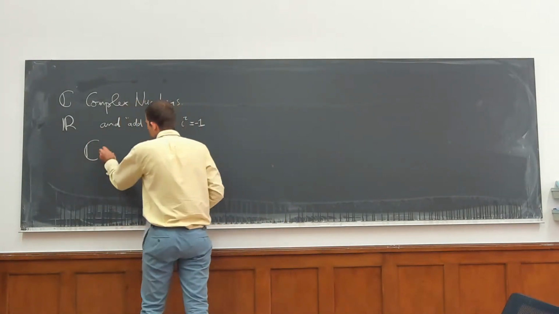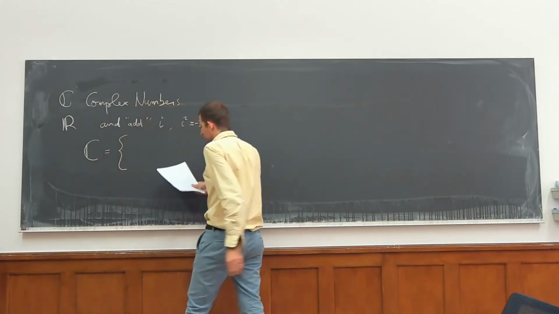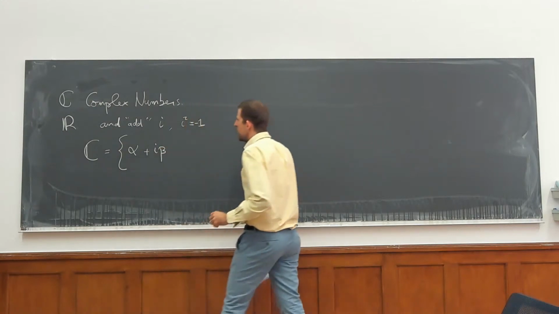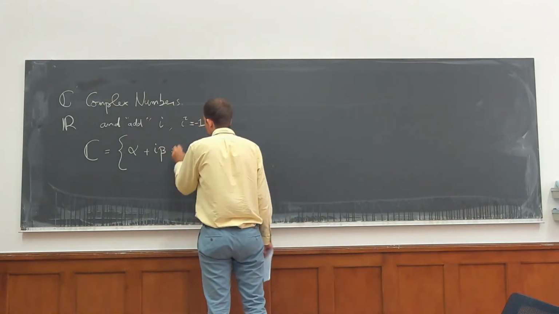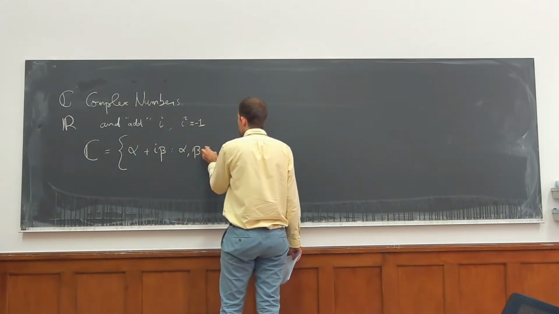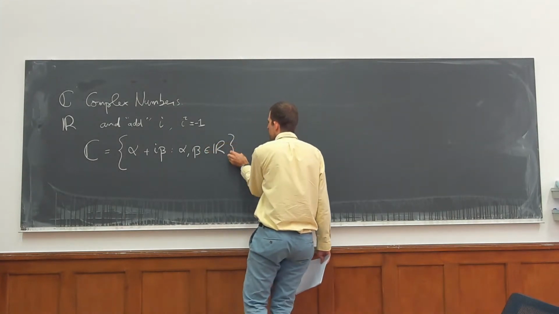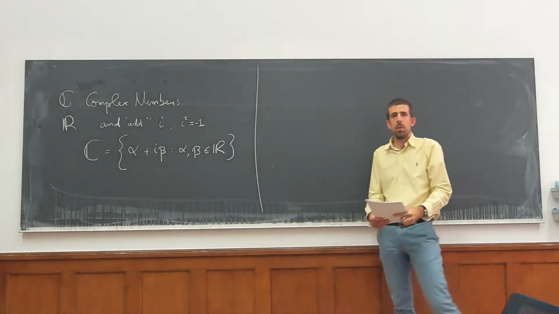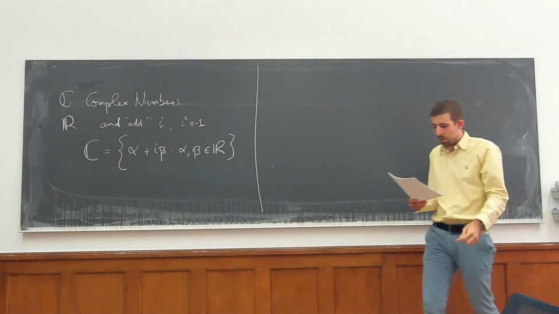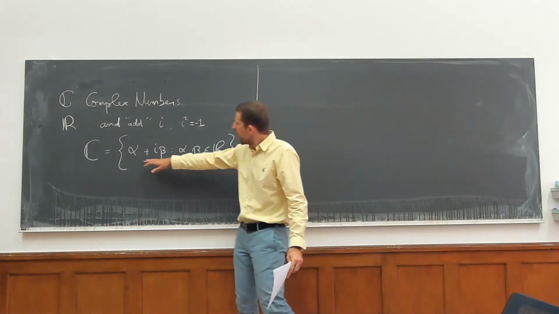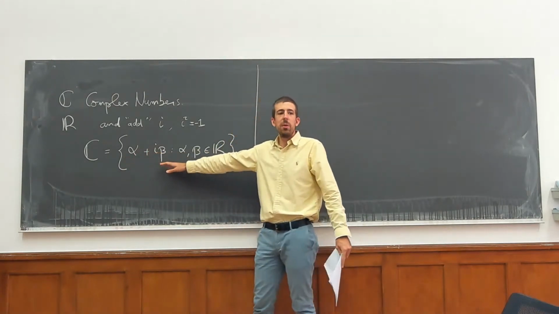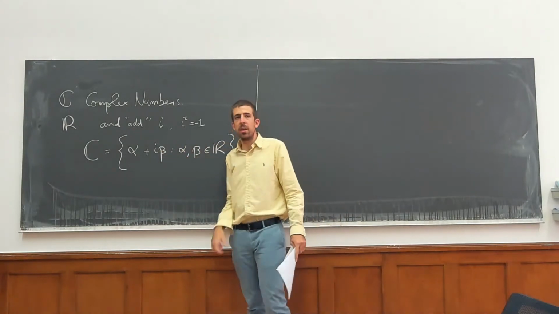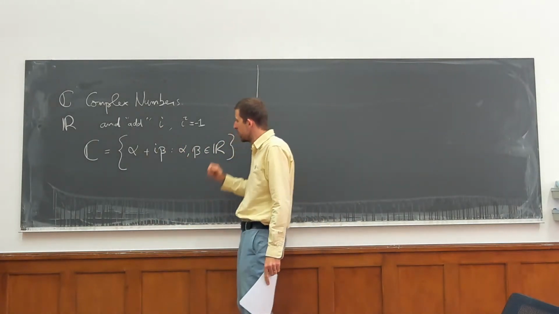So the complex numbers are simply all numbers alpha plus i beta, such that both alpha and beta are real. We take real numbers, and what we call purely imaginary numbers, a multiple times i, whose square will be a negative number, minus beta squared.